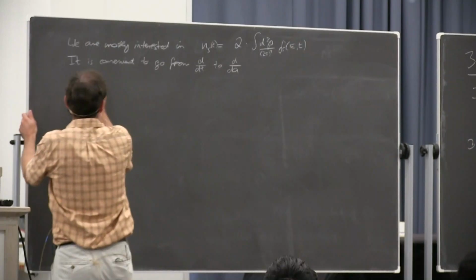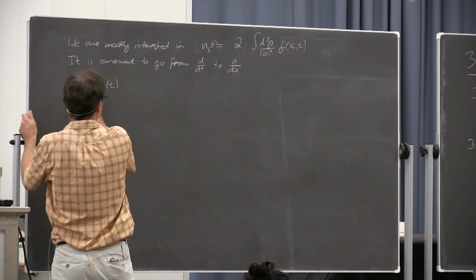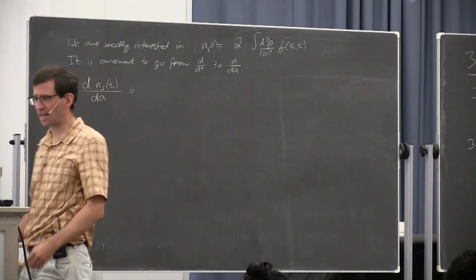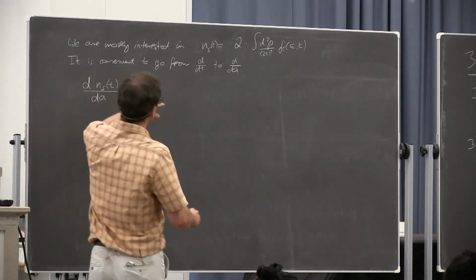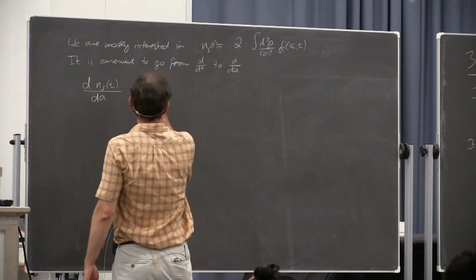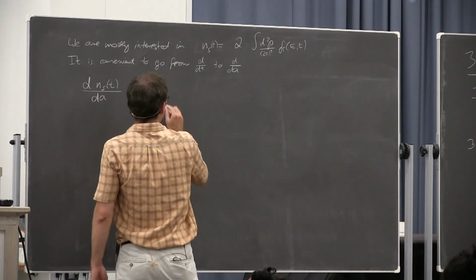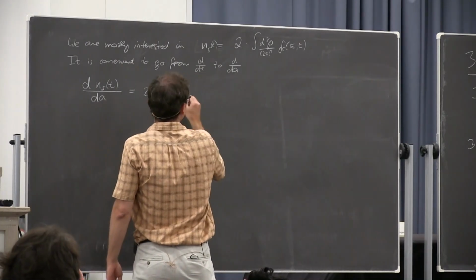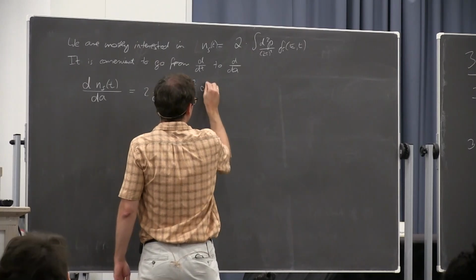For instance, if we want the time evolution of this number density, and we write this not as an evolution with time, but as an evolution with A, then we plug in this expression. So this is 2 times d over dA of the integral E square times dE.